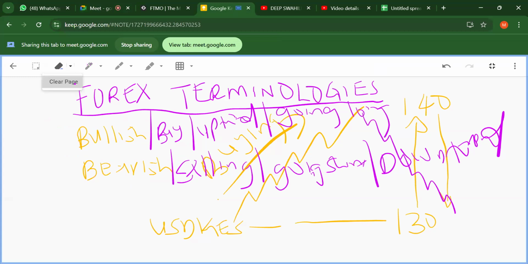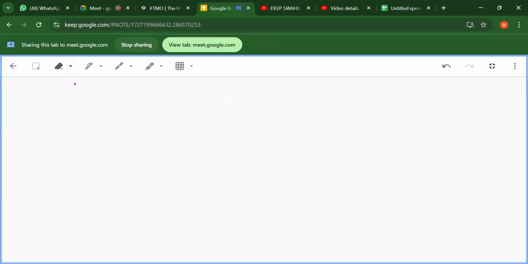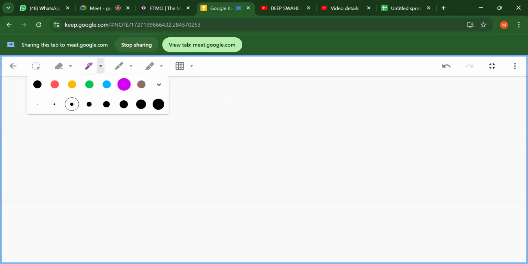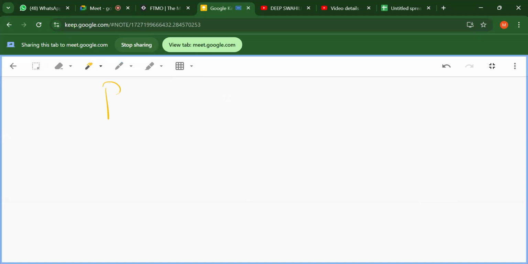Now, we are still under Forex terminologies, and today we are proceeding again from where we started yesterday, and we started on a new terminology called pips. Okay, so yesterday we started on what we call pips. And when we talk of pips, this is what we covered yesterday.